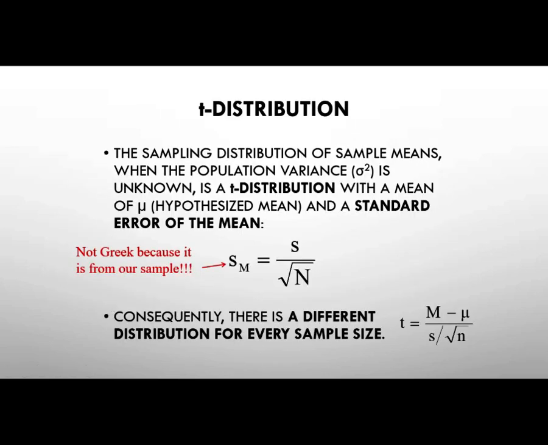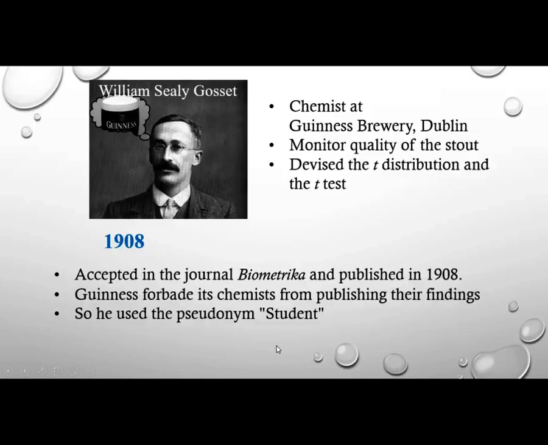Okay, so the sampling distribution of sample means when the population variance is not known is called a t-distribution, with a mean of mu and a standard error of the mean. Now here we have s because we're not using sigma, we're using our sample measure, and we divide by the square root of the sample size. So consequently, there's a different distribution for every sample size.